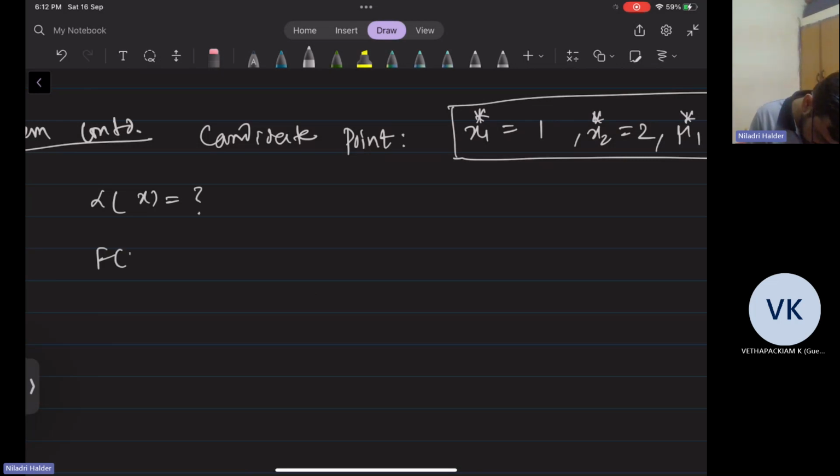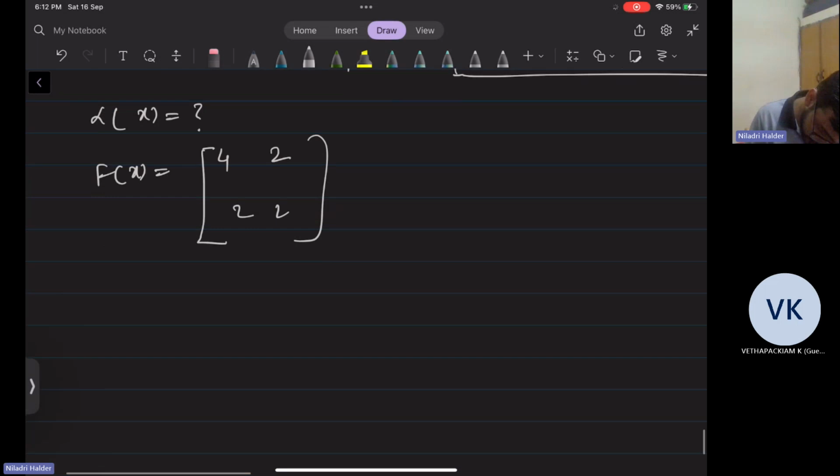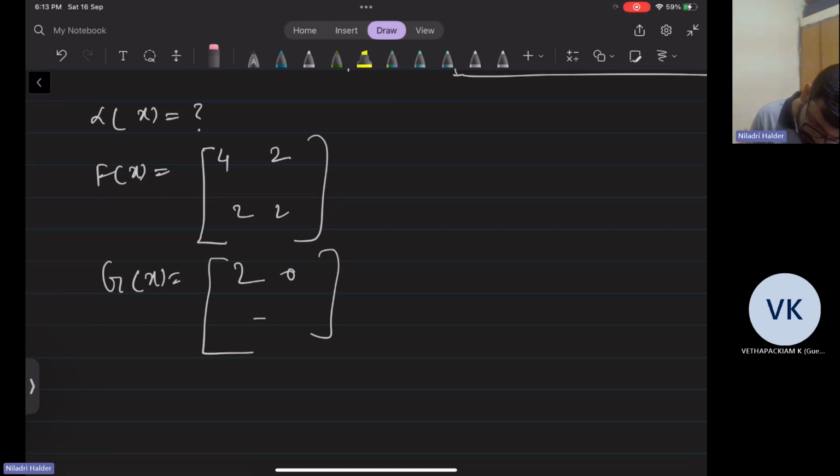Now the Hessian of x is equal to 4, 2, 2, 2, and the Hessian of g of x is 0, 2.